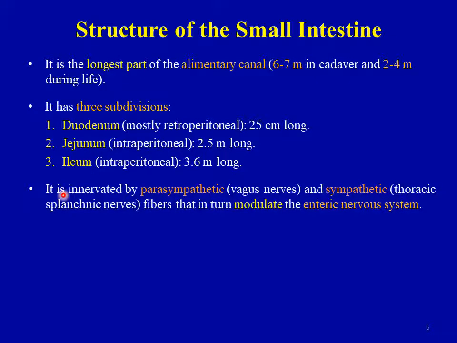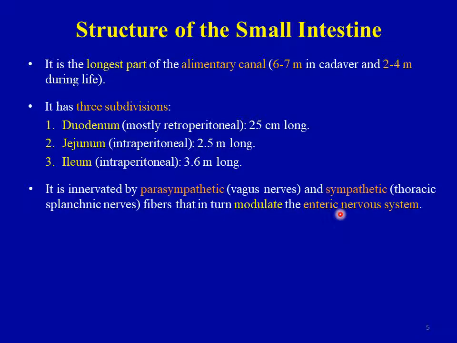The small intestine is innervated by both parasympathetic and sympathetic fibers through the vagus nerve and the thoracic splanchnic nerves. These fibers in turn will modulate the enteric nervous system, both the submucosal plexus and the myenteric plexus.